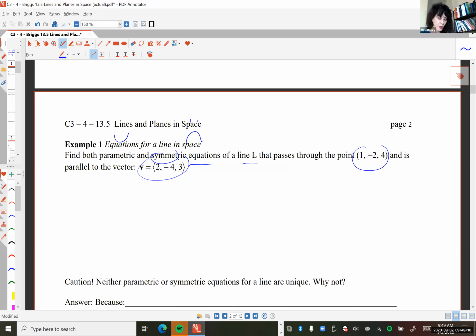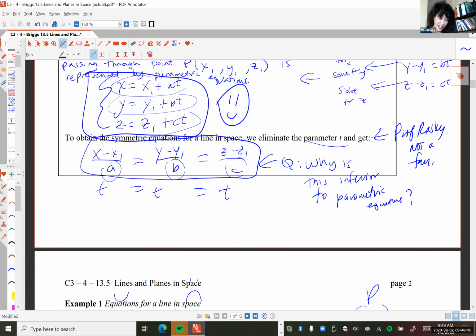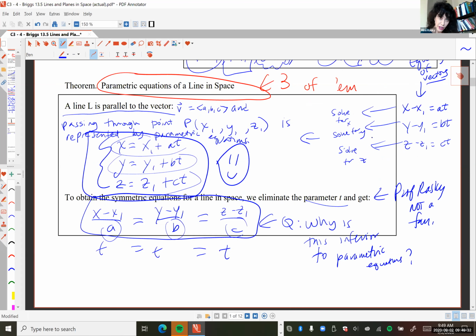Okay, so folks, this is your point P. Remember I told you you need two pieces of info to get the equation of a line in space, a point and a direction vector. There you go. They handed both of those pieces of info on a silver platter. We don't even need to think. No brain cells. You just plug and chug.